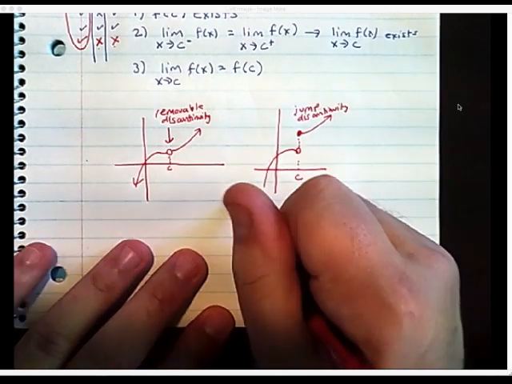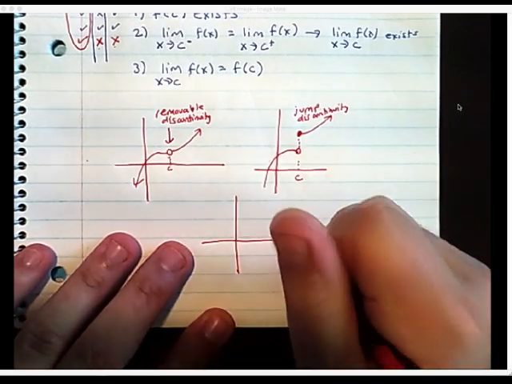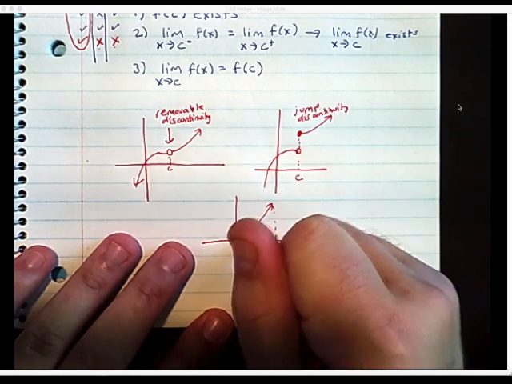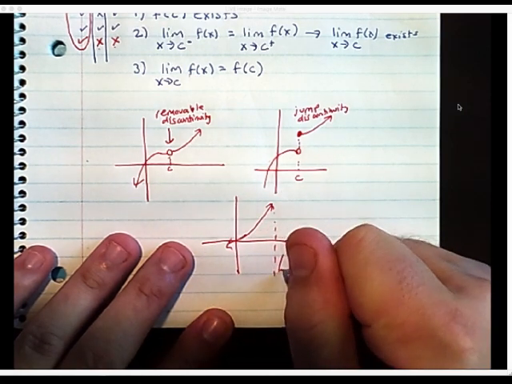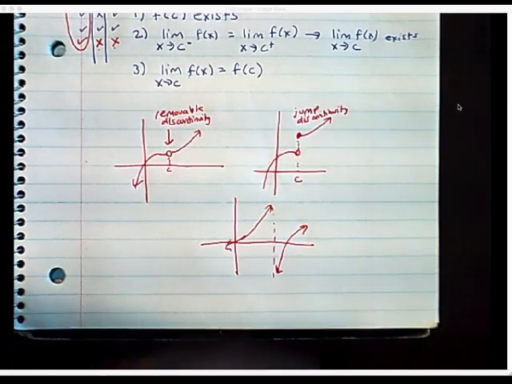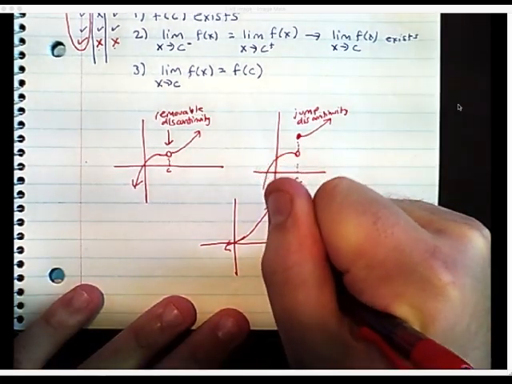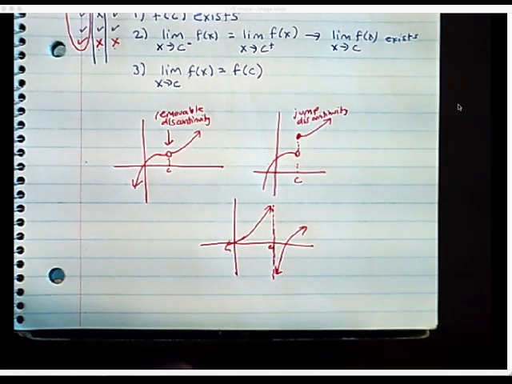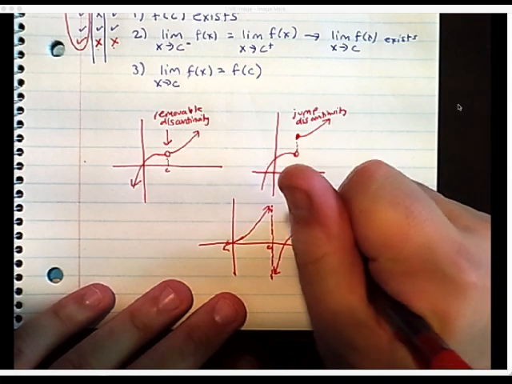And the last type of major discontinuity you can get is if you have some sort of asymptote. If you have a function that looks like that, there's a discontinuity at this value. That's a vertical asymptote.